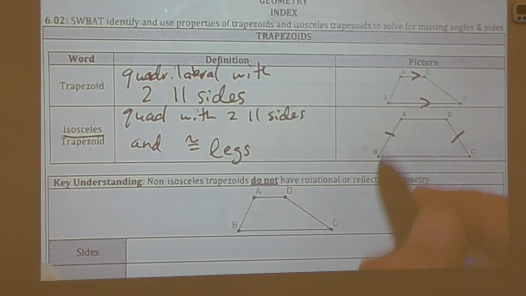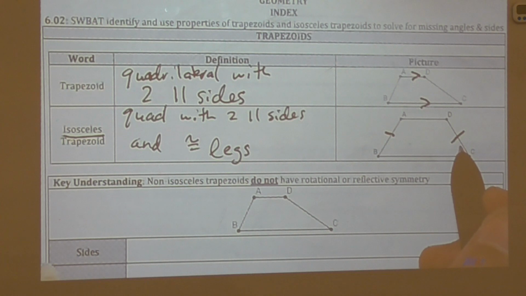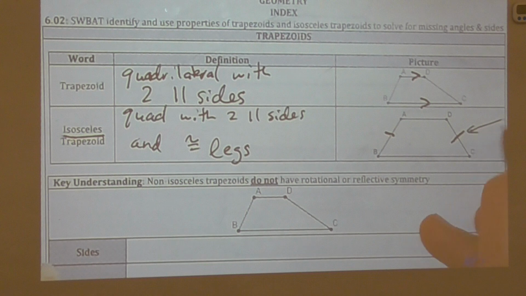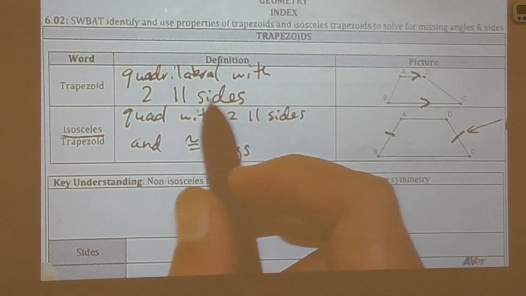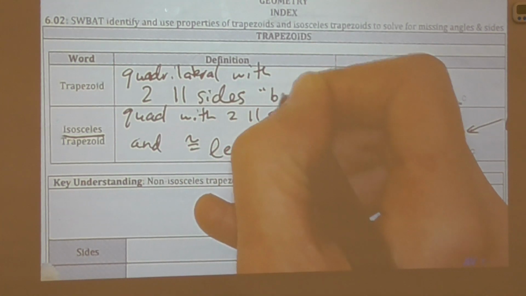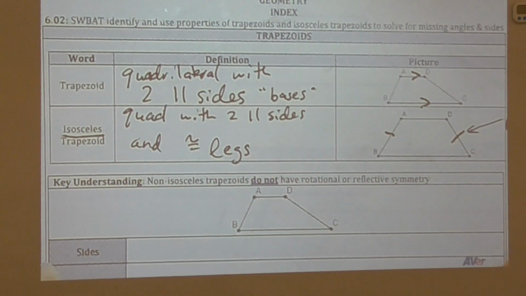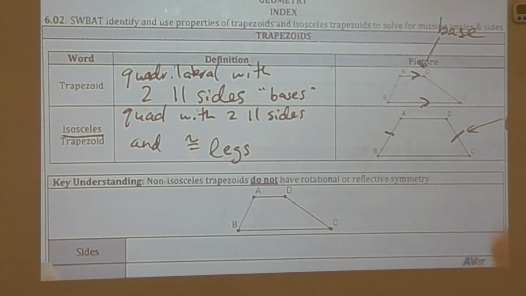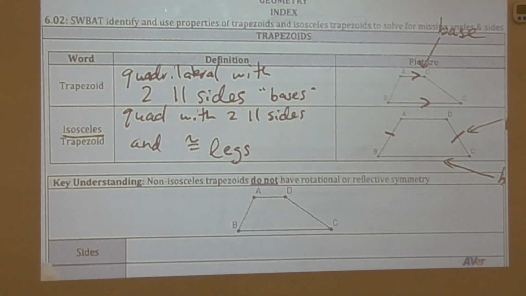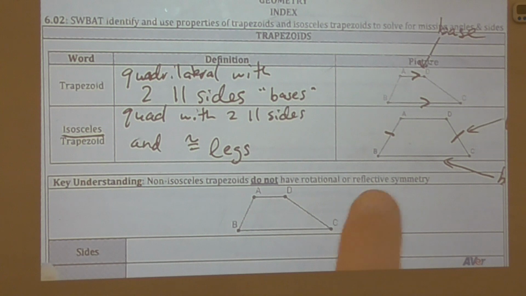You see that the legs are not parallel to each other. And I should add that the parallel sides of a trapezoid are called bases. So this is a base, this is a base.